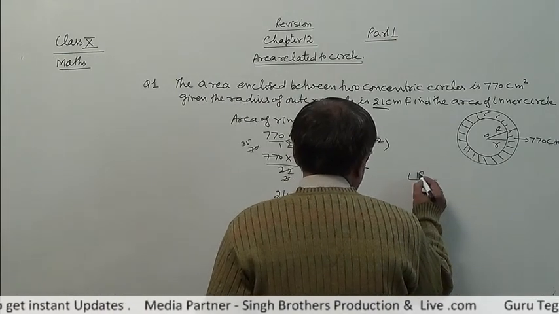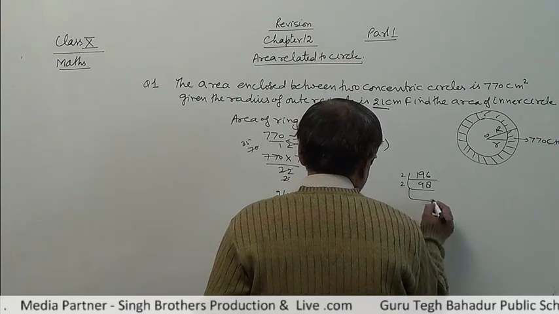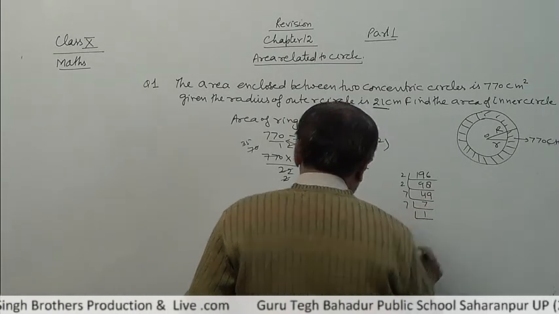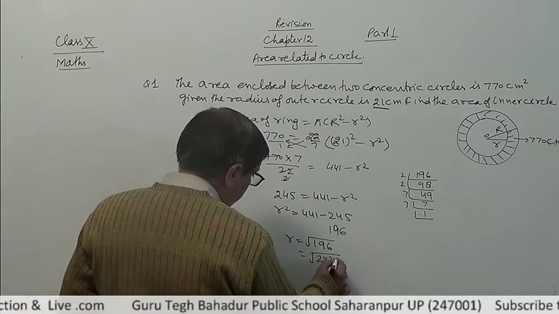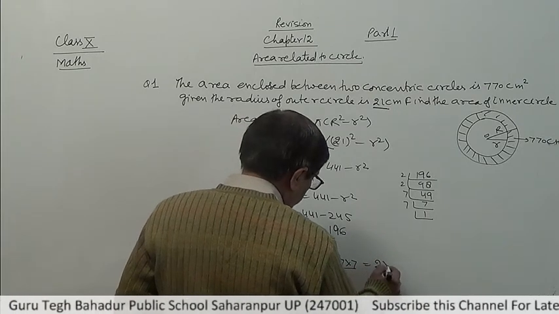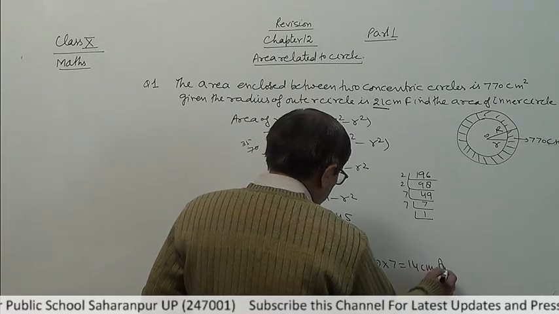Factors of 196: 98, 49, 7. So it is 2 into 2 into 7 into 7, that is equal to 2 into 7, 14 centimeter.